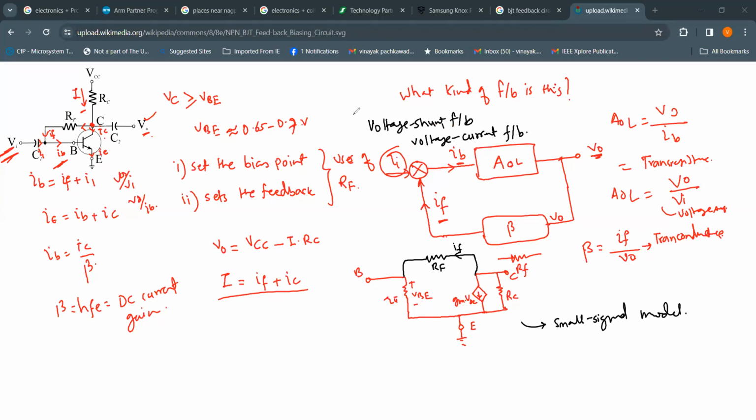Okay, or also called series shunt feedback, because you're sensing the voltage quantity in series and you're applying the current in parallel to the input side. So that's how you have analyzed this circuit. Now you can make sure that the transistor operates in the active region, and you're all set to use it as a class A small signal amplifier.